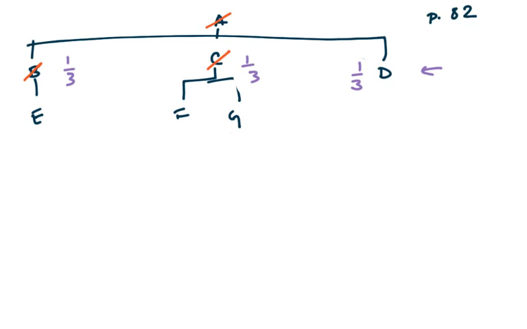Then we would need to drop the shares. So E would get a third. And here, F and G would get 1/6, and D would keep the third. F and G got the 1/6 because we divided by 2, or multiplied by half. Okay.